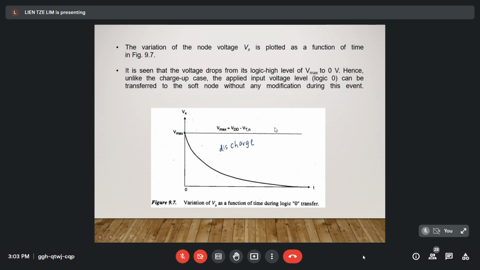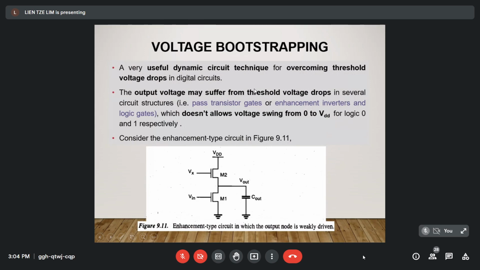Hence, unlike the charge up case, the applied input voltage level, logic 0, can be transferred to the storage node without any modifications during this event. So that is about the dynamic logic circuit with the NMOS pass transistor.